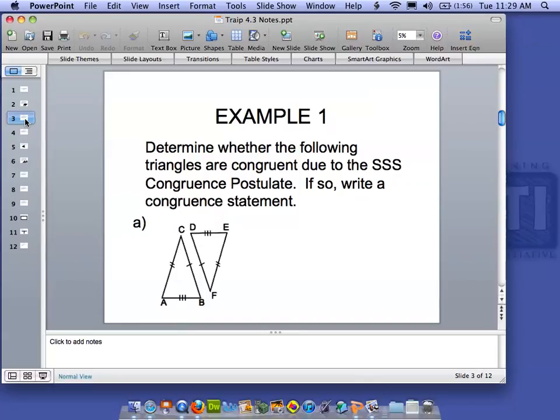So for example, number 1A, it says determine whether the following triangles are congruent due to the SSS congruence postulate, and if so, write a congruent statement. And since we see a single notch, a double notch, and the triple notch, and the same markings on the other triangle, then I would say yes, and I would make the statement that triangle ABC is congruent to triangle EDF.